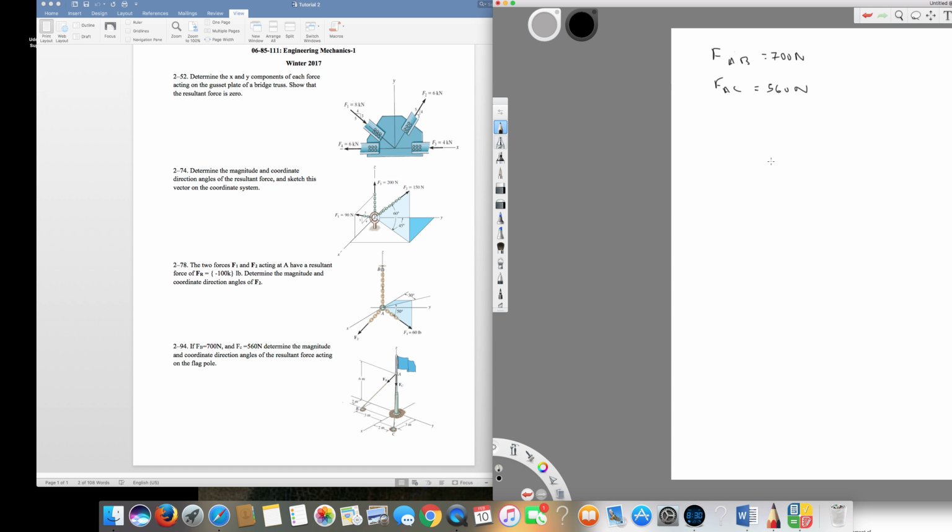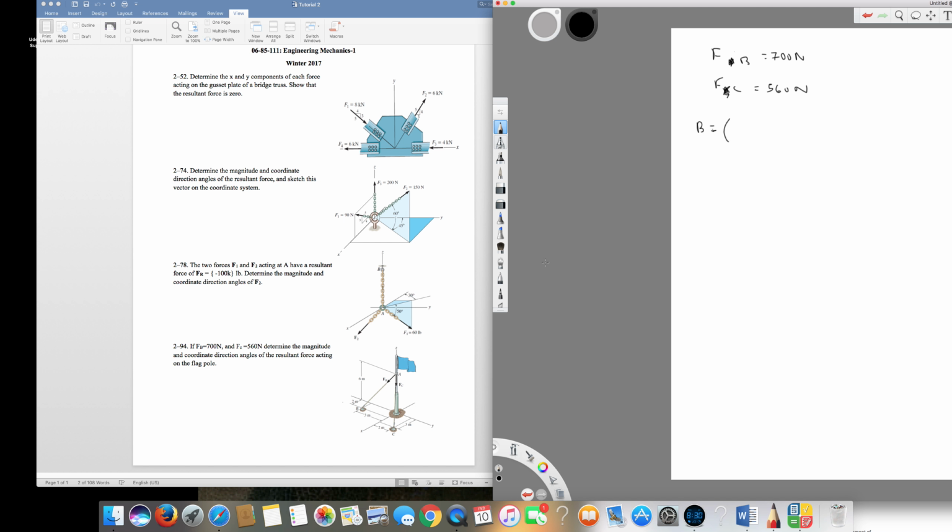560 Newton, and in this case, to find the magnitude of the resultant, so to find the FAB, first I have to find the unit vector. To find the unit vector I have to find the B coordinates and C coordinates. So let's find the B coordinates.